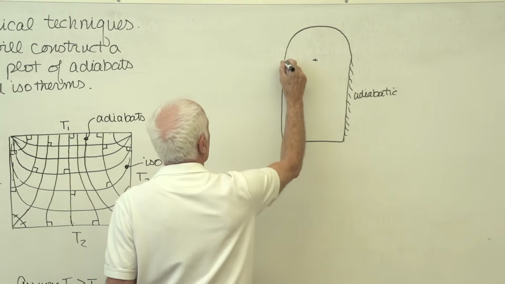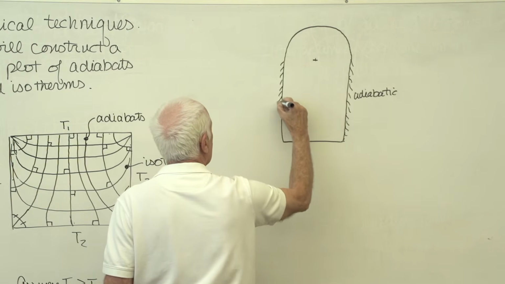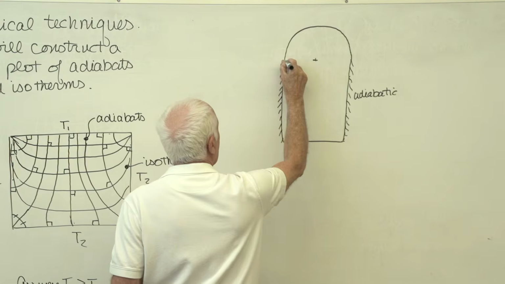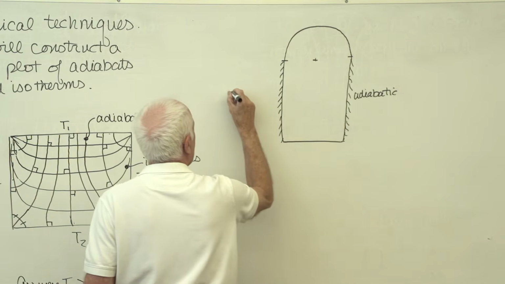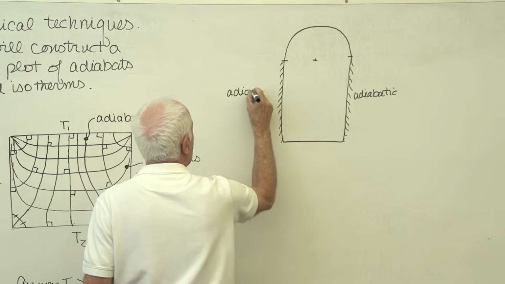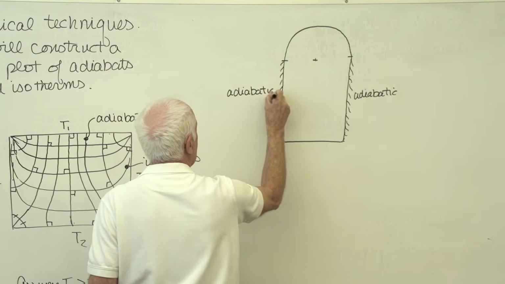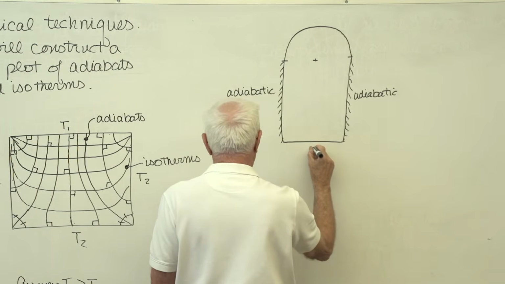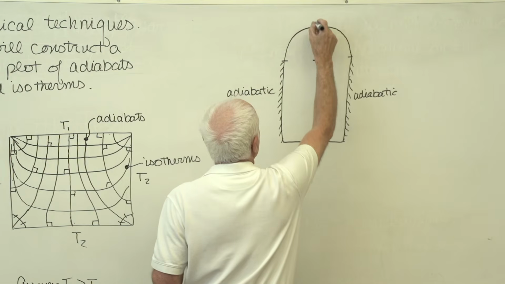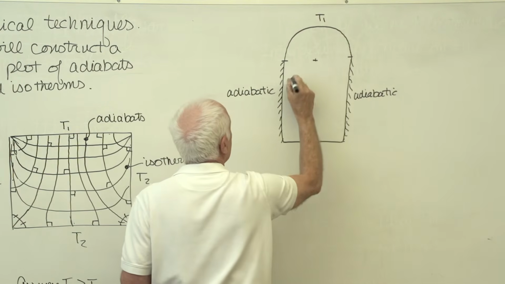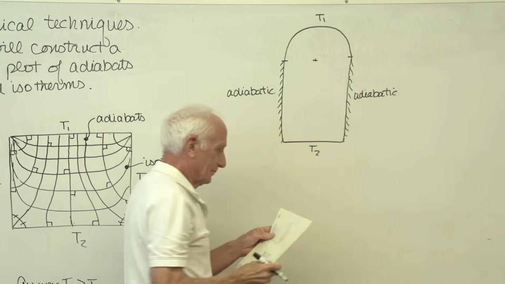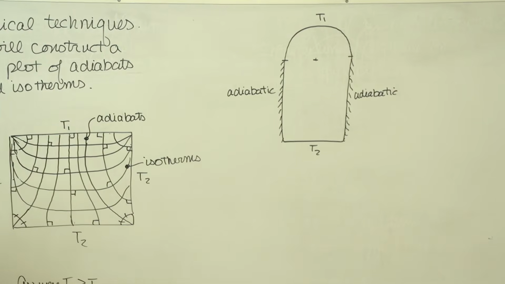This side is also adiabatic. This side's at temperature T2. This side's at temperature T1. Okay, draw the flux plot.